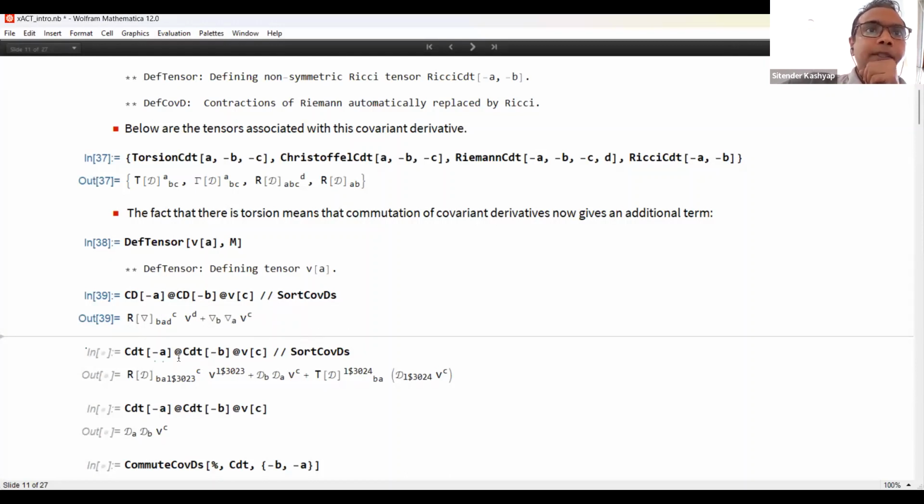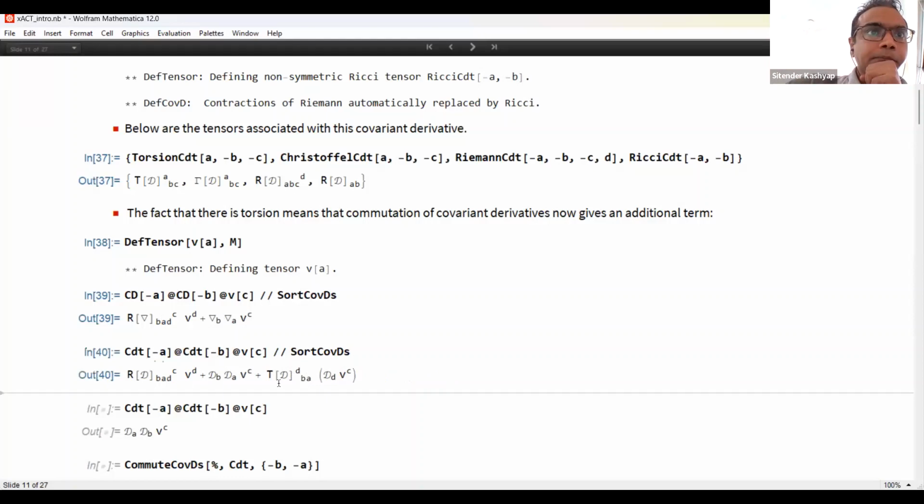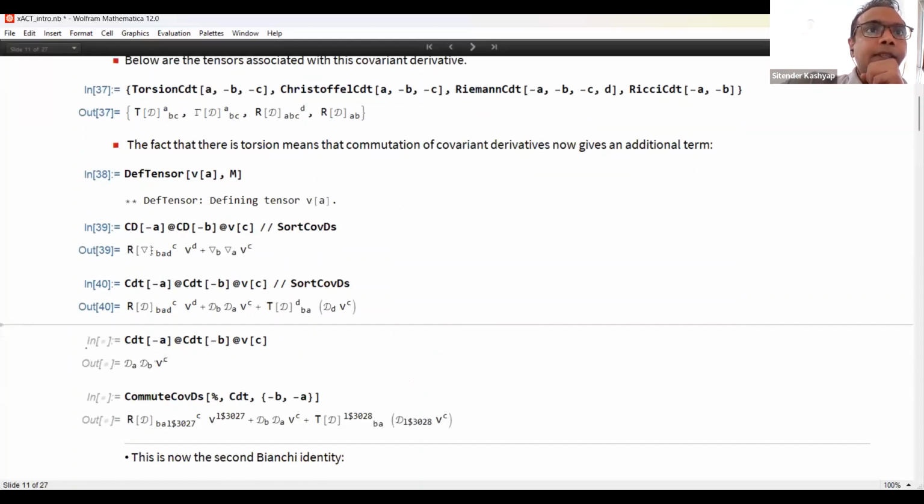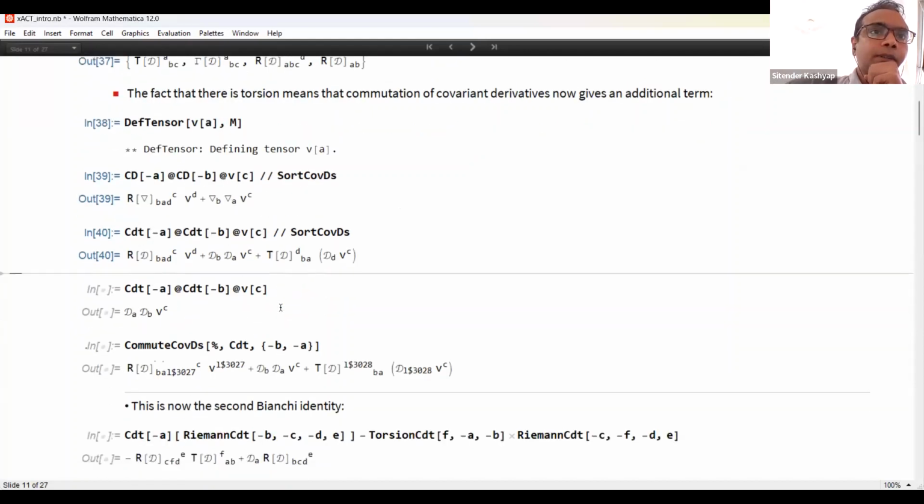Now, if we repeat the same exercise, but this time with CDT, the other covariant derivative with torsion, see what is happening. You see we get the same thing, this Riemann and the sorted covariant derivatives, but then there is this additional torsion term.